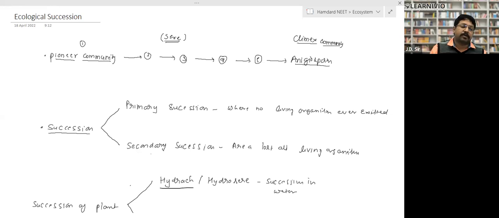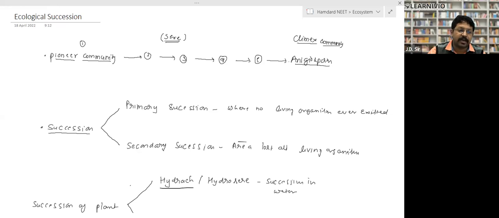Then a second plant comes, as I have shown here with the help of a flowchart. So the first plant community that comes is called the pioneer community. Then the second successor comes, third successor, fourth successor, fifth. These are all called sere.